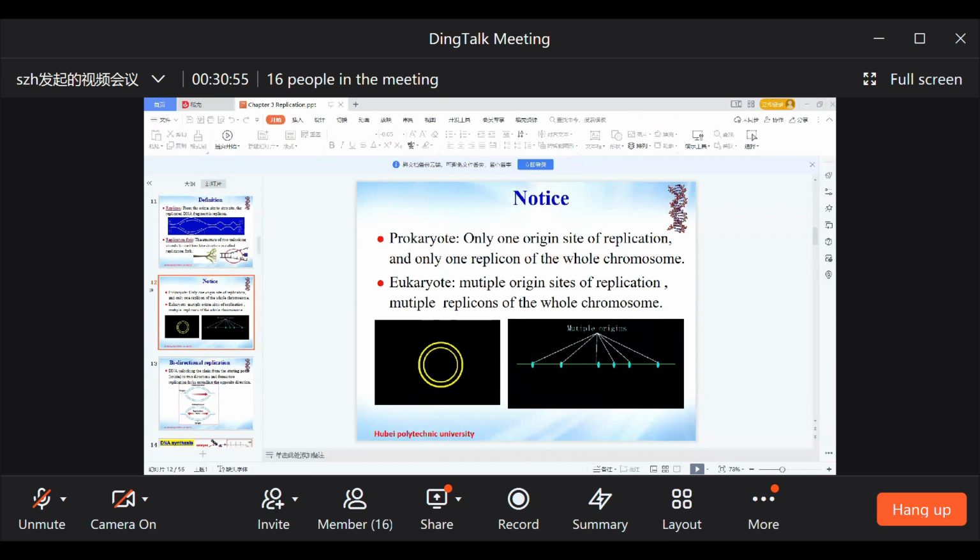This kind of protein has two functions: it makes the single strand of DNA stable, and it protects the single strand, avoiding degradation by nuclease.